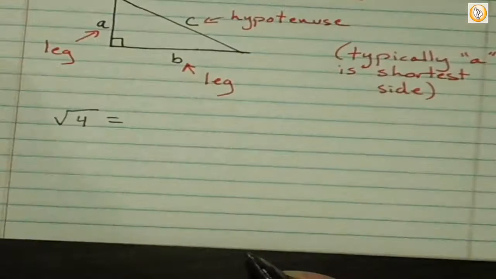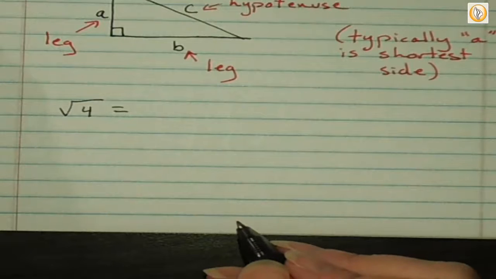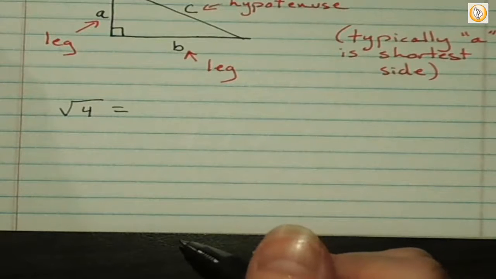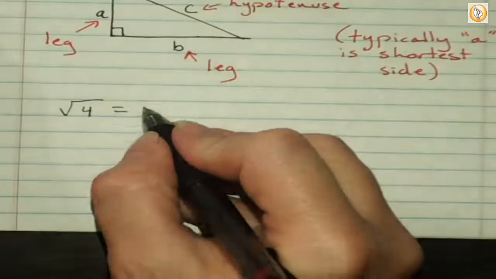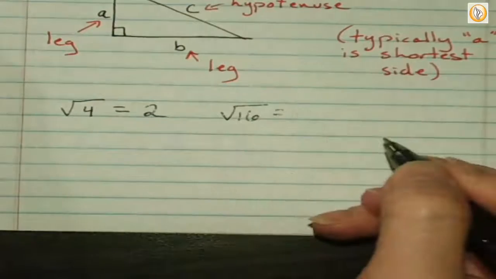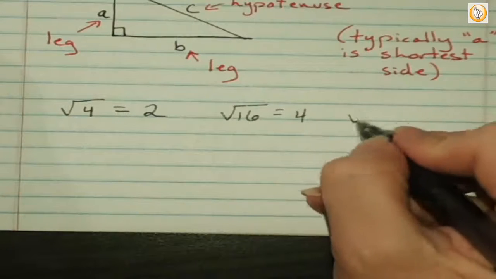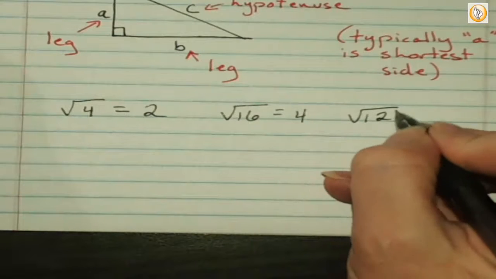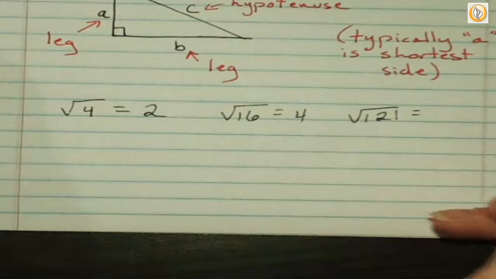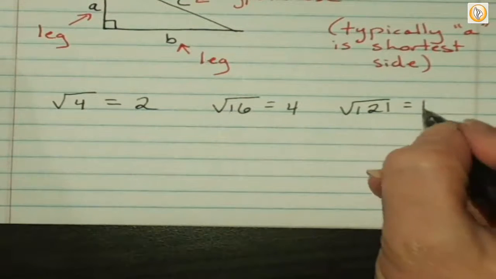What does this mean, Joseph? Square root of 4 is 2. Joseph, let's try again. Square root of 16 is? 4. Kelly, the square root of 121 is? 11.